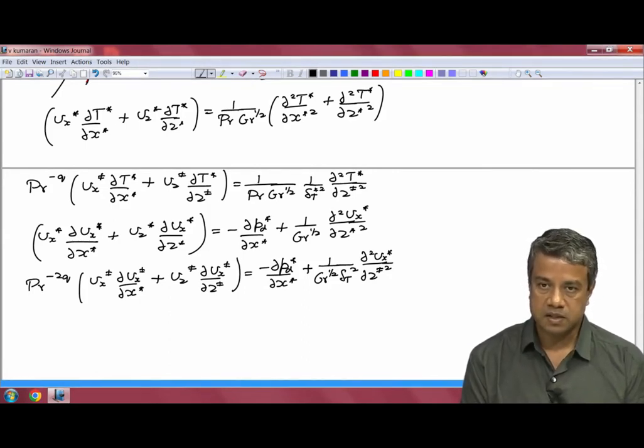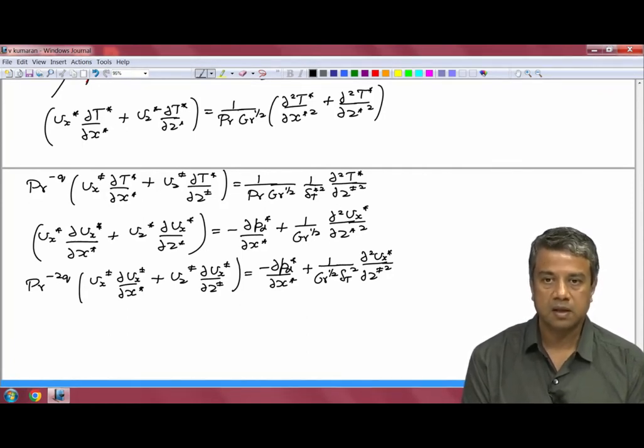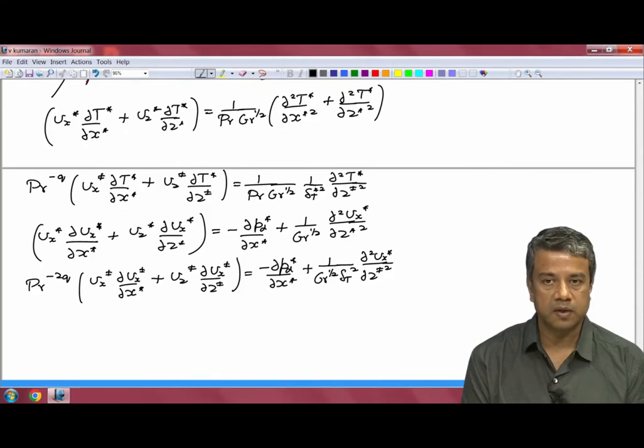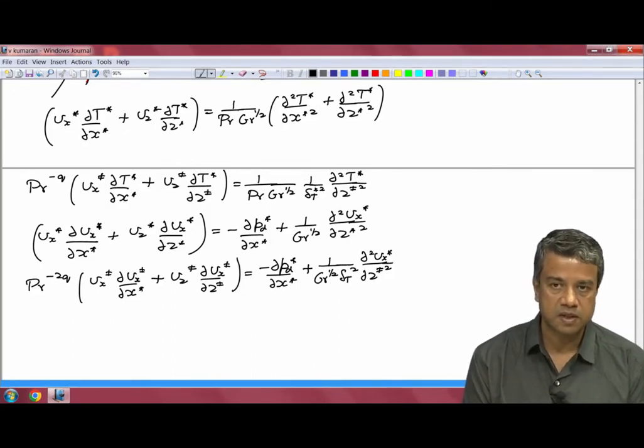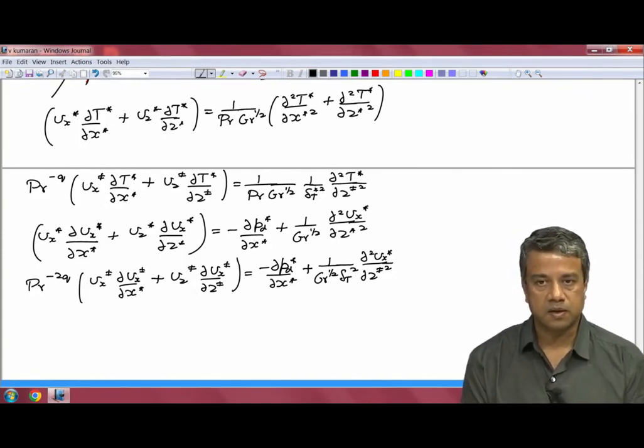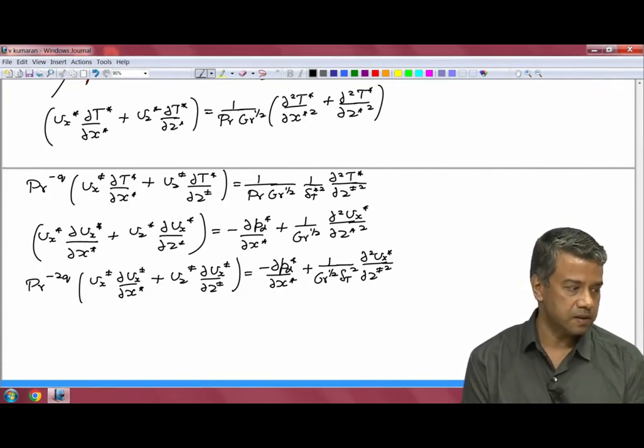For lengths much smaller than that, the Reynolds number based upon the thermal boundary layer thickness is small, and therefore you would expect momentum diffusion to be dominant for a smaller length scale. As the length decreases, diffusion is more important in comparison to convection. That is the reason for small scale flows the Reynolds number is small and it is diffusion dominated, whereas for large Reynolds number, when the length scale is large, it is convection dominated.